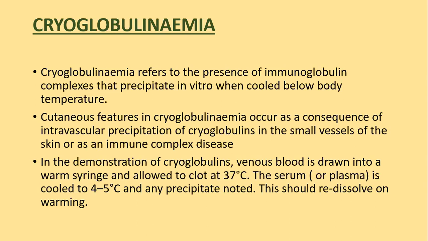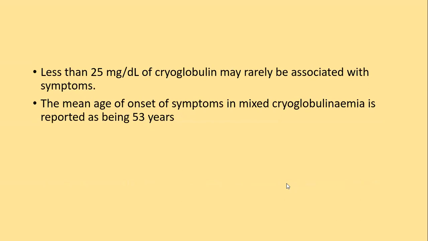This precipitate should redissolve on warming. Less than 25 milligrams per deciliter of cryoglobulin may rarely be associated with symptoms. So for symptoms, it has to be a level higher than 25 milligrams per deciliter. The mean age of onset of mixed cryoglobulinemia is about 53 years.